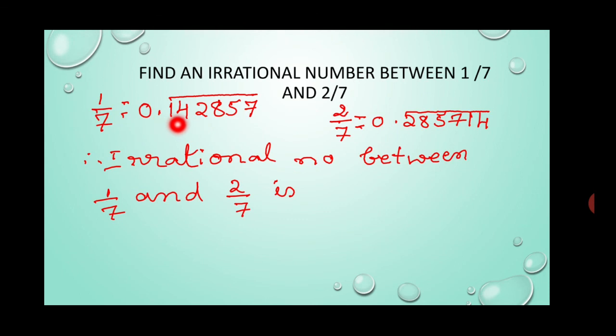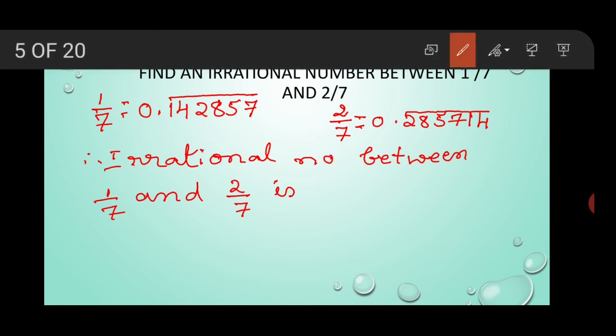See, after the decimal point, 1 4 is here, and here after the decimal point 2 8 is here. So the number should not exceed 0.2 and it should not go below 0.1 also. So you have to write the number in this way. You can take any value: 0.1, it should not exceed 2, so 1 and more than 4, so I will write 5, 6, like that, any number.